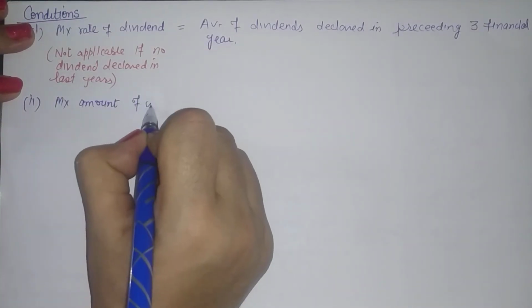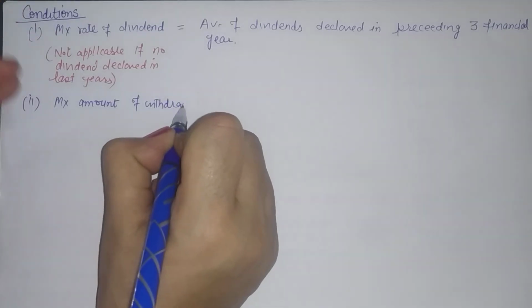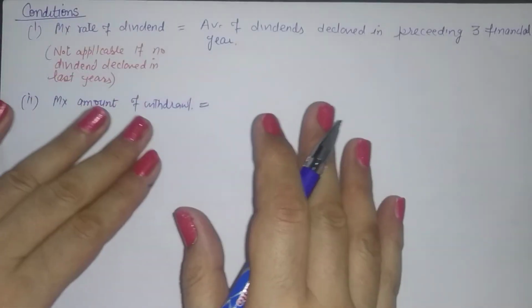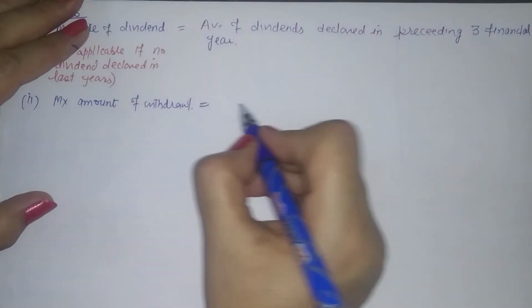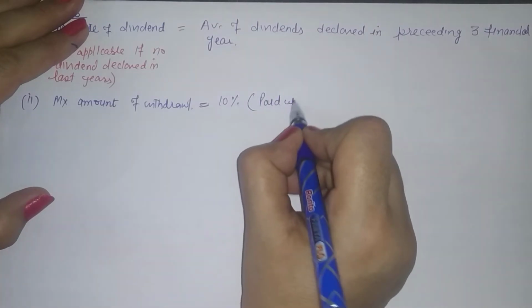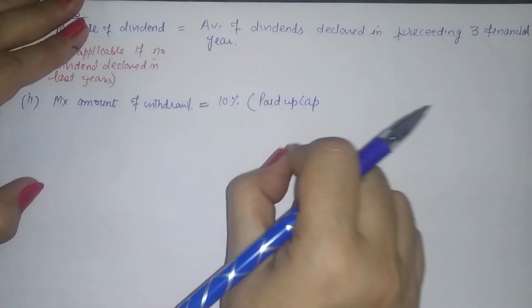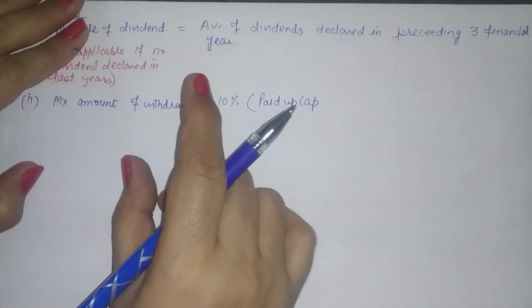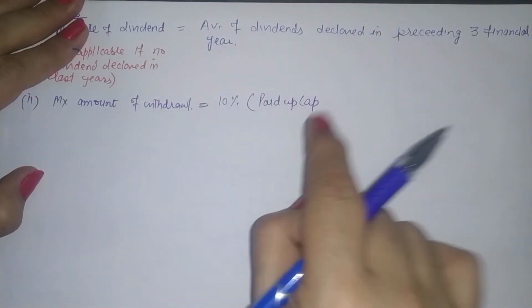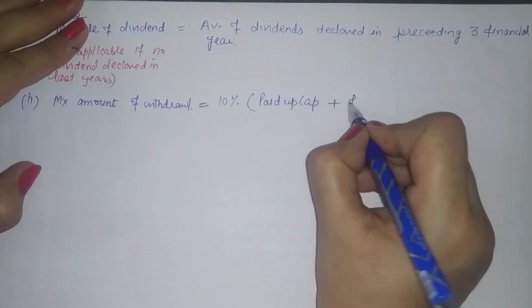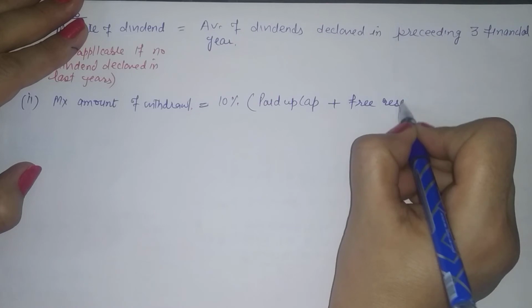of withdrawal, like we have calculated the amount that we can withdraw. Now the maximum amount, the upper limit of withdrawal, is 10% of the paid up capital of the company on the date of declaration of dividend. So it is not in the beginning or in the middle, it is the paid up capital at the end when you are giving dividend, plus free reserves.